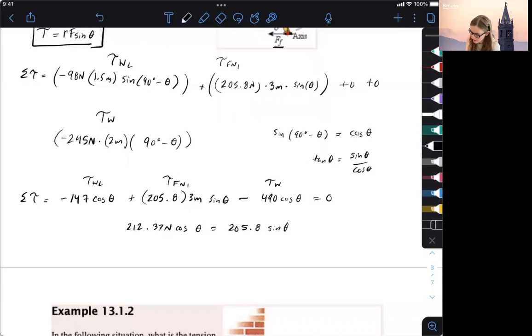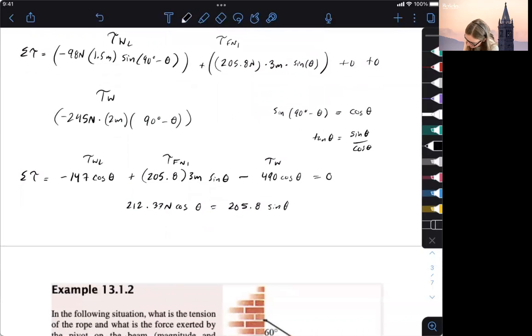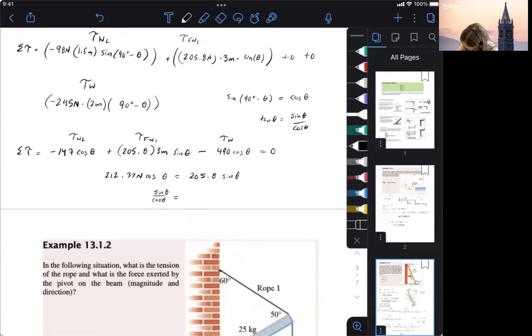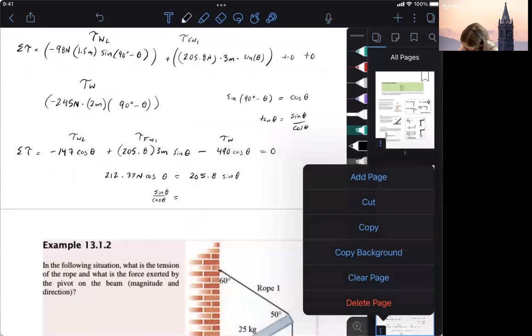So sine of theta divided by cosine of theta is going to be equal to, just add a page really quickly here. Add page.